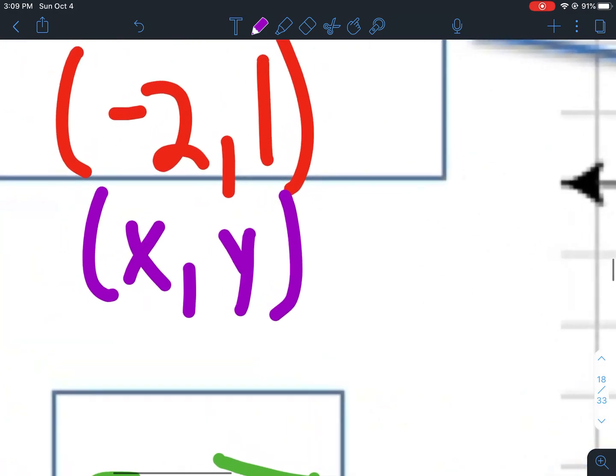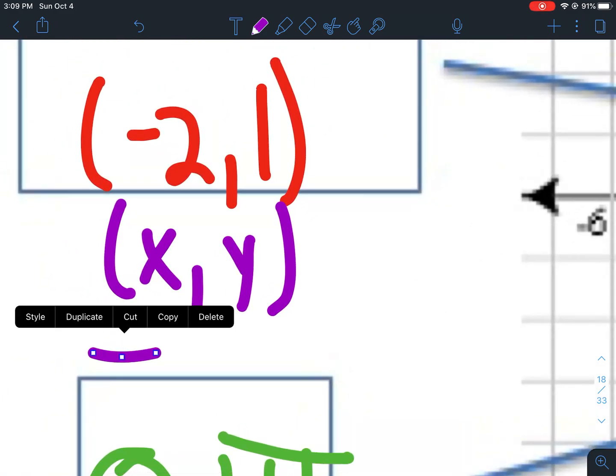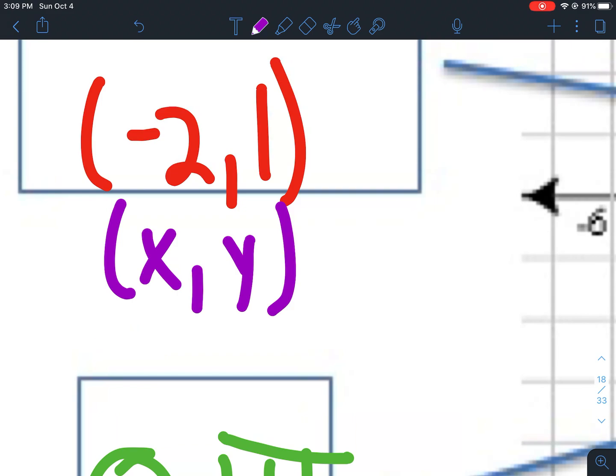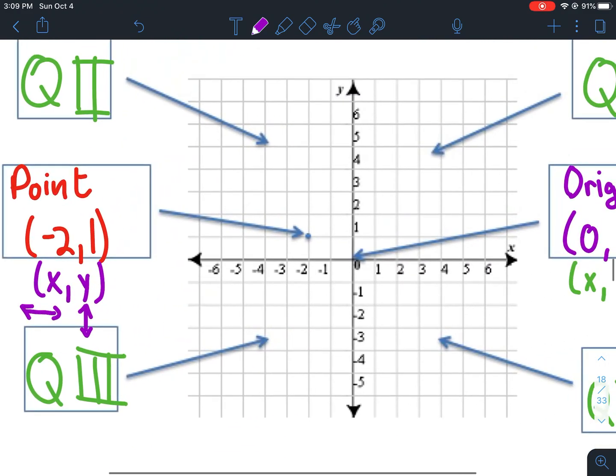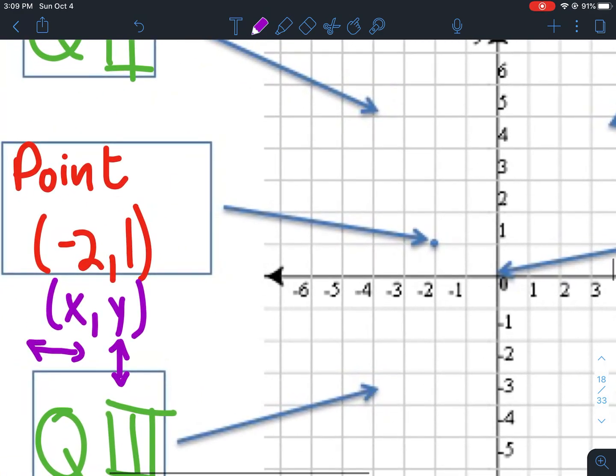Again, the x tells you to go left and right from 0 on the coordinate plane, and then your y value tells you to go up and down from 0. So if you wanted to plot this point, you would go to the left twice, and then you would go up 1 to get to that point.